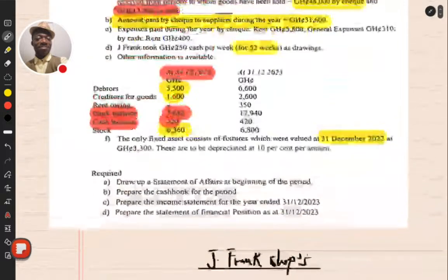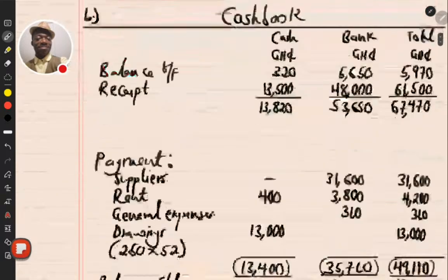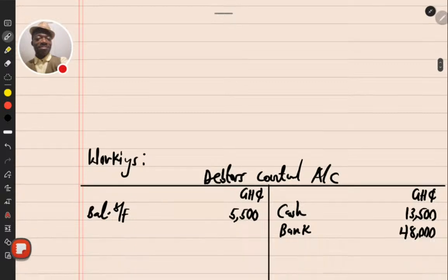So once we are through with that, the next thing we want to know is, is there any closing balance for debtors as at the year 2023? Yes, we have a closing balance of 6,600. So we present that as a closing balance.